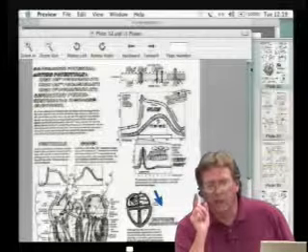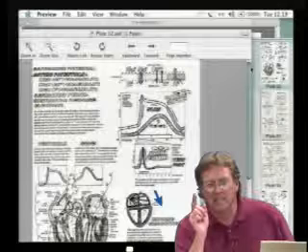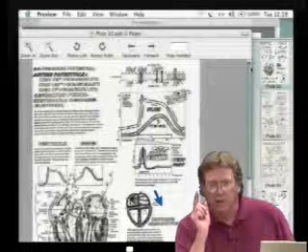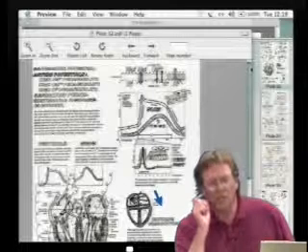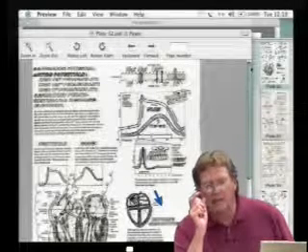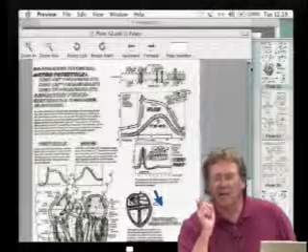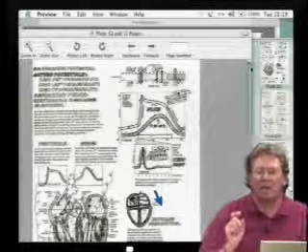There are 1,000 milliseconds in a second. So, if your heart beat for each 1 millisecond action potential, that would be 1,000 times a second. That would be 60,000 times a minute.